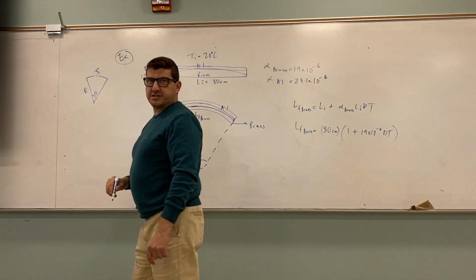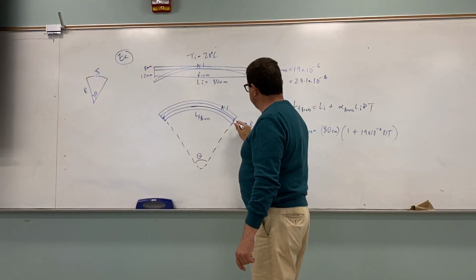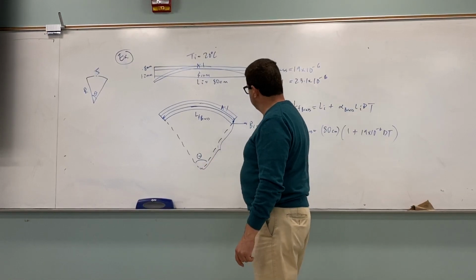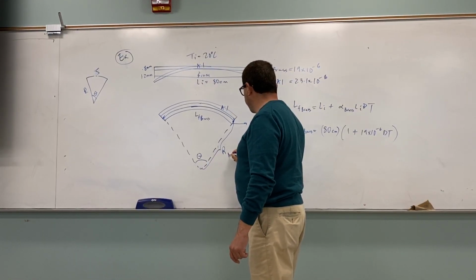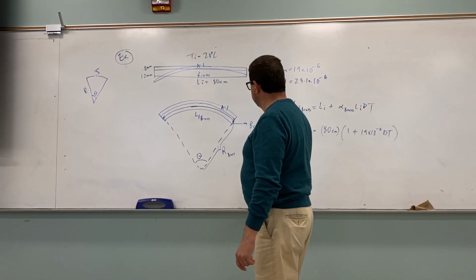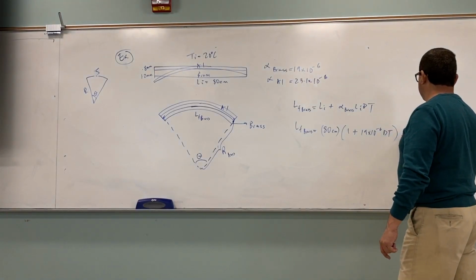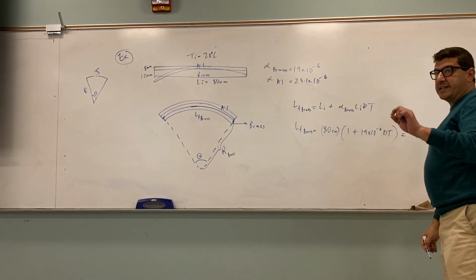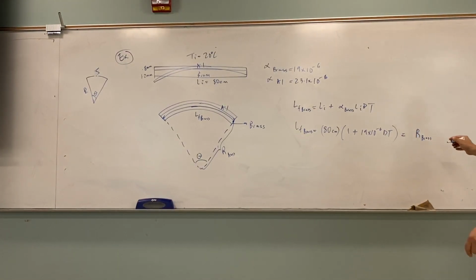So we can say S is equal to R theta, right? So this one from here to here is gonna equal the distance from the middle of that strip to here. Let's call that R of the brass, the radius of the brass. So that length is gonna equal the radius of the brass, the radius of the arc circle that it makes, times the angle.